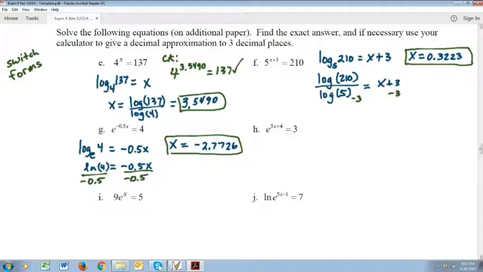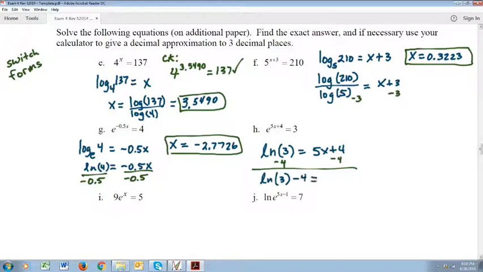Let's move on to letter H. So again, we can't write 3 using a base of e, so we're going to switch forms. You should get natural log of 3 is equal to 5x plus 4. So first thing I want to do, I'm trying to get x by itself, so I want to get rid of that 4.